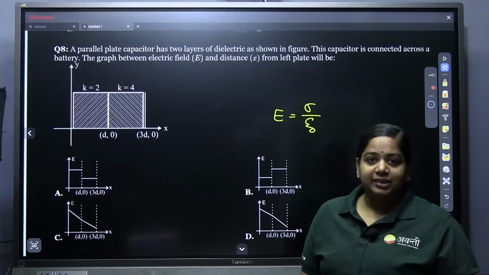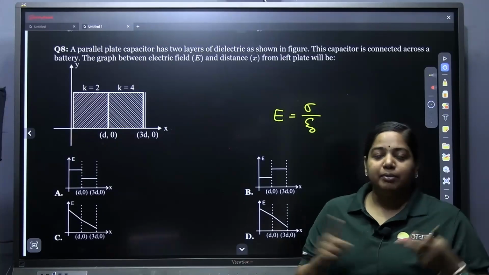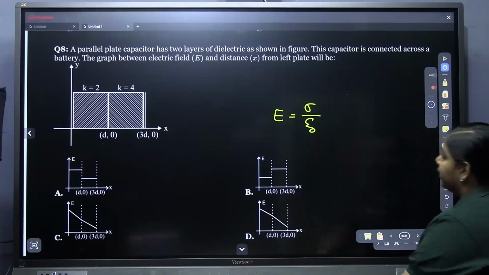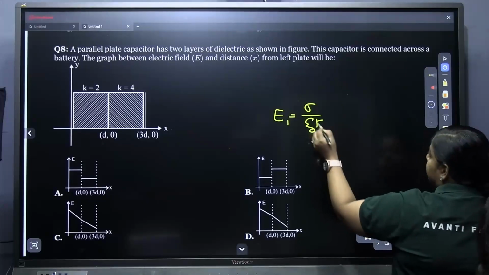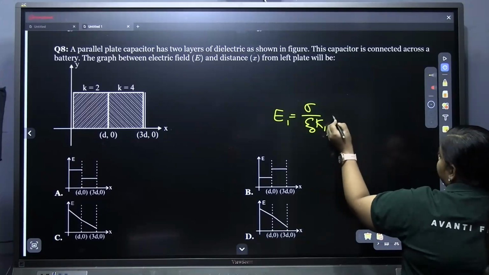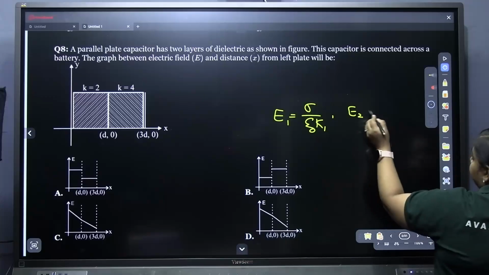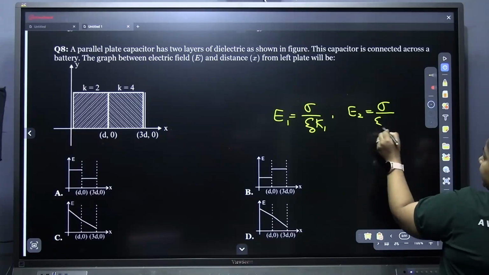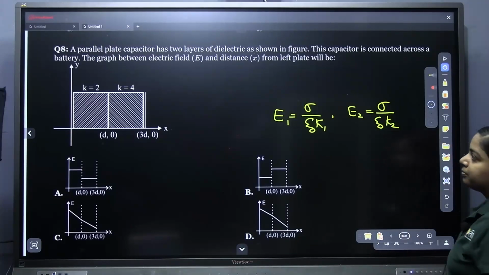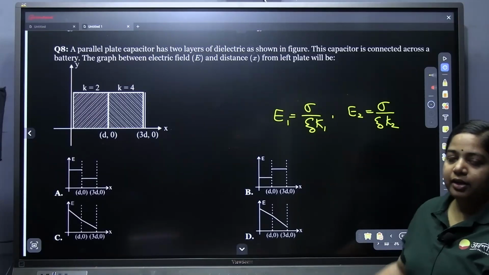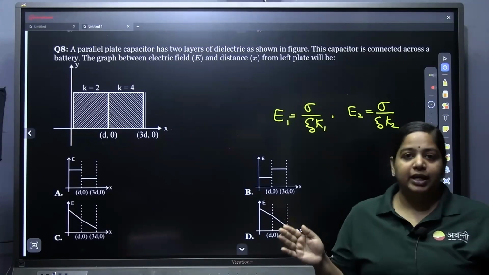Okay, if air is the medium, if some other medium is present, this E1 will become sigma by K1 epsilon naught and E2 will become sigma by K2 epsilon naught. Okay, so two different mediums present.